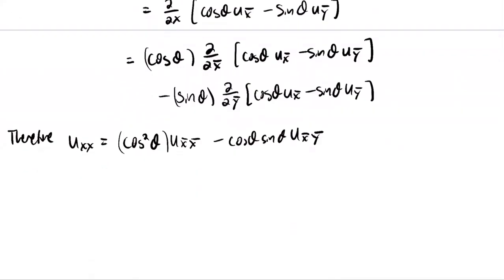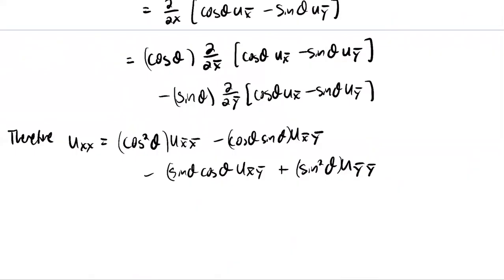And then I have two more terms: minus sine theta cosine theta u_x bar y bar, and finally plus sine squared theta u_y bar y bar. All that work tells us what the second derivative with respect to x looks like.